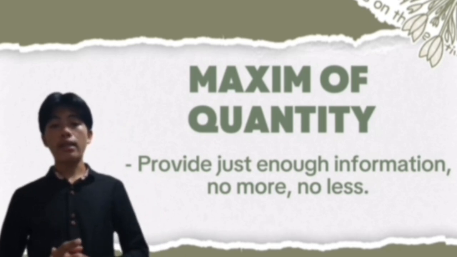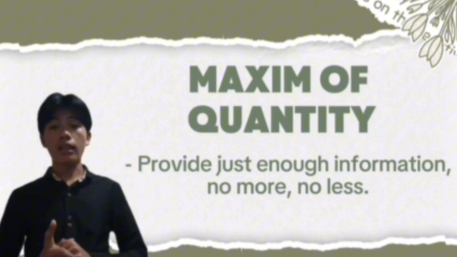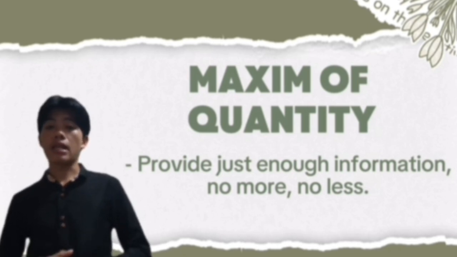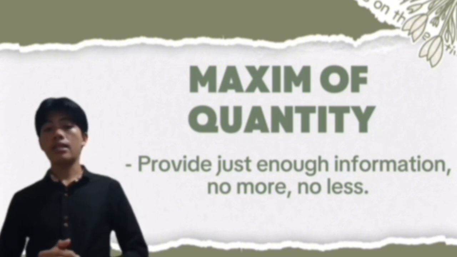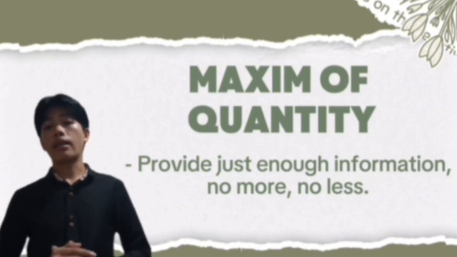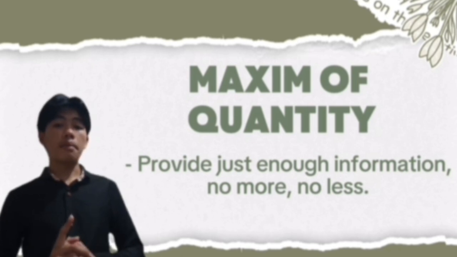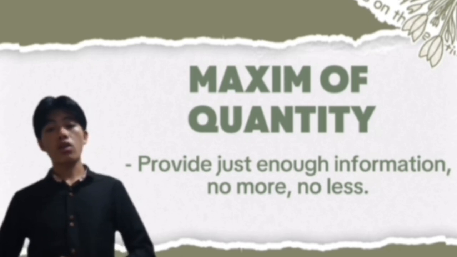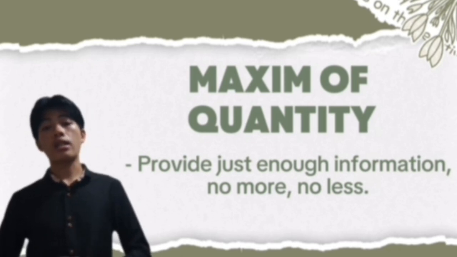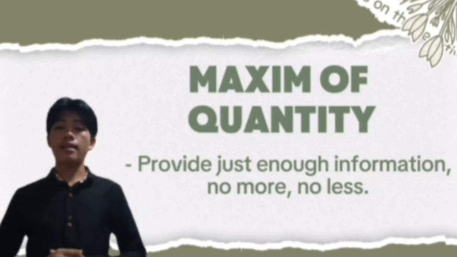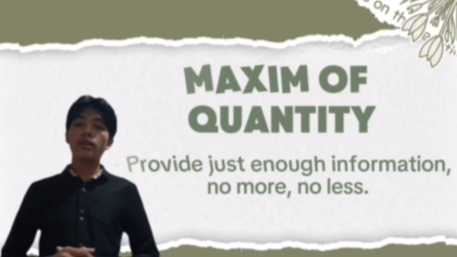The maxim of quantity is vital for maintaining engagement and clarity in conversation. It helps prevent misunderstandings and keeps discussion focused on relevant topics. By adhering to this maxim, the speaker can ensure that their contributions are both concise and informative, fostering a more effective exchange of ideas.